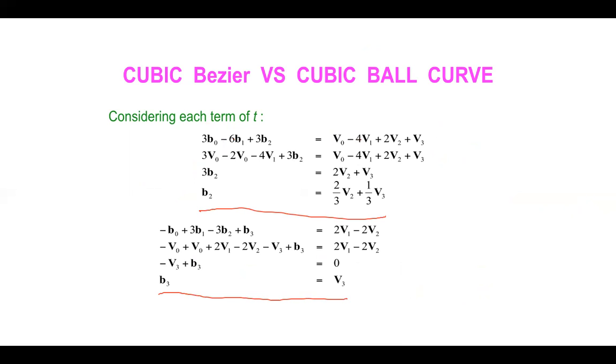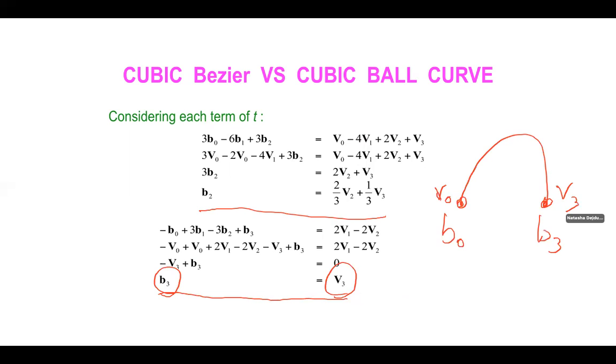I'm quite sure that this one is correct, because we come up with B3 is equal to V3. If you remember the property of Bezier and ball curves, the curve has to pass through the first and the last endpoints, B0 and B3, as well as V0 and V3.